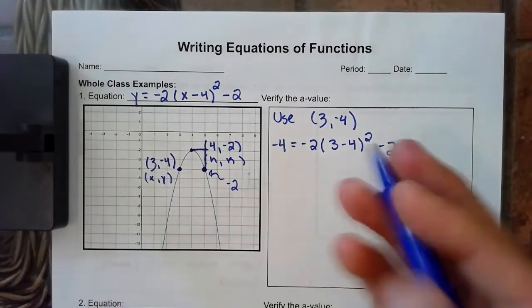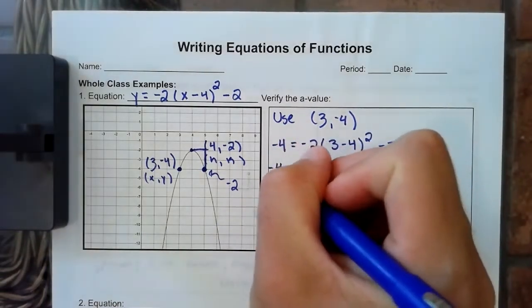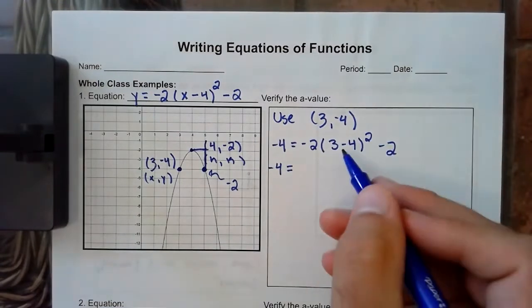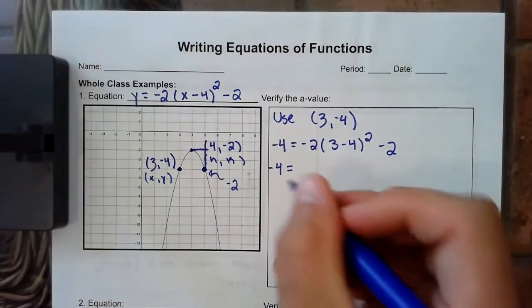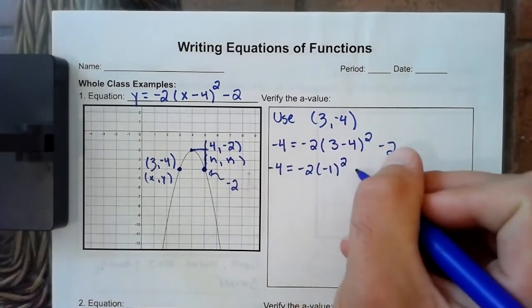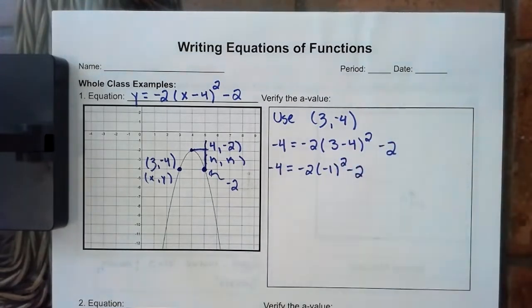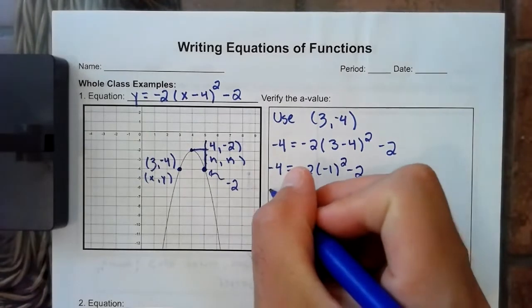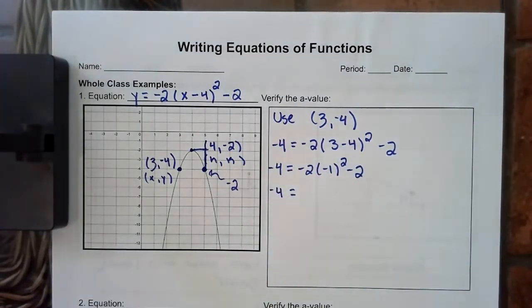So let's do our first operation here, which is to simplify the parentheses. So 3 minus 4 is -1. It's still squared. All I did was simplify the parentheses, doing one thing at a time, especially early on. It takes us a while to get our brains warmed up and remember how all this works, so don't do too much too early.